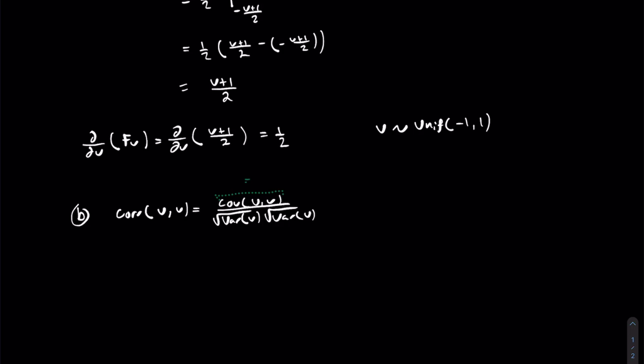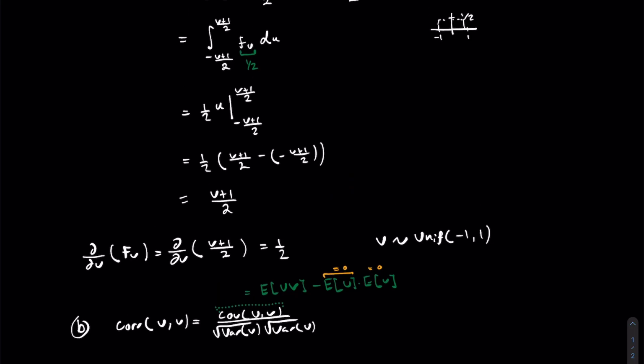The covariance of U and V is simply the expectation of U times V minus the expectation of U times the expectation of V. Now we know that these numbers here are 0.